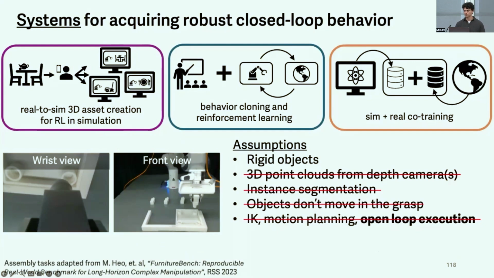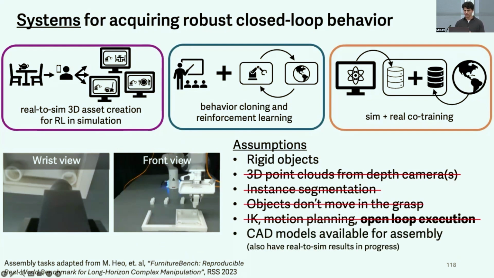And these assembly tasks are borrowed from this really cool task suite proposed in last year's RSS called Furniture Bench. And I'll note that for those tasks, we actually had CAD models available that they had provided for simulation. So for those, there was no real-to-sim scanning, but I can quickly show at the end some preliminary results using the same approach with reconstructed meshes.